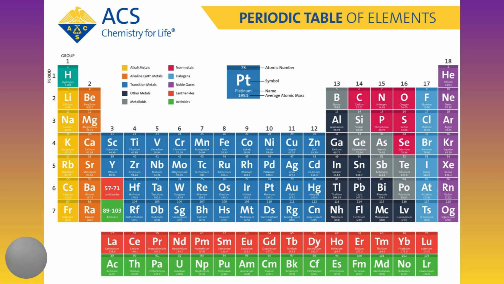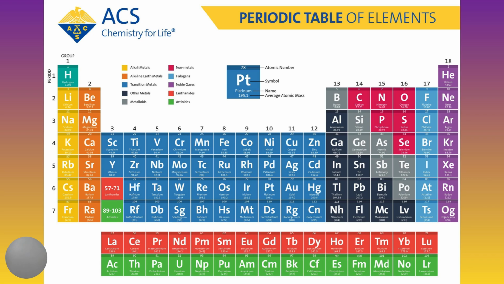So helium has two protons or two electrons. Now let's look at the element sodium. Where is sodium? It's here, Na. What is its atomic number? That's 11. That means it has 11 protons or 11 electrons.